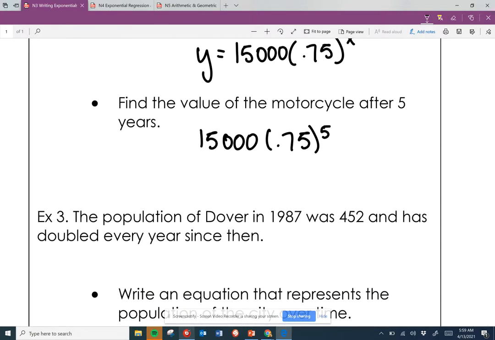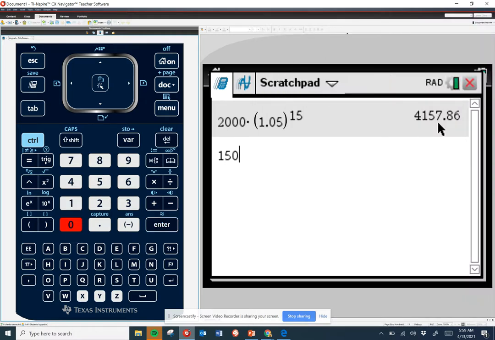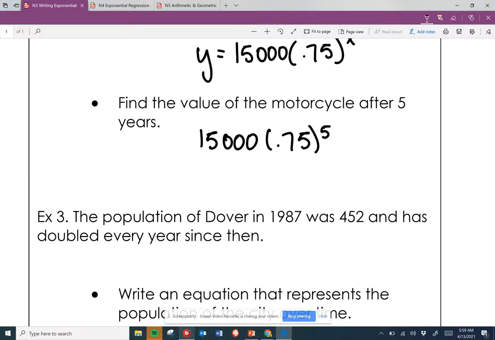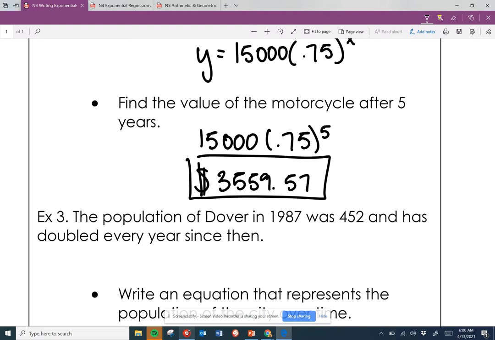Same thing, we'll go to our calculator: 15,000 parentheses 0.75 raised to the power of 5. You can see now the motorcycle is worth $3,559.57. Remember, we have to have our label when it asks us to solve. And our label here is dollars.